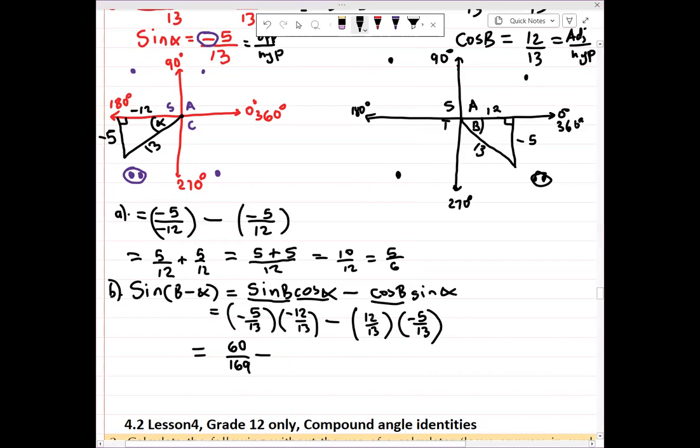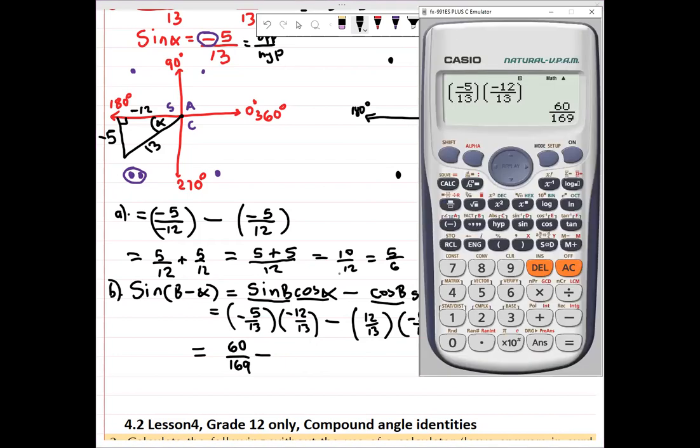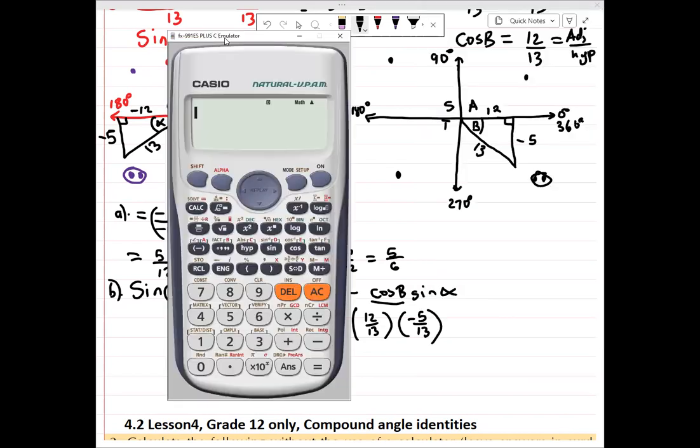Then we need to minus by this part. Okay, let's minus and see. So this part is what? We have open bracket 12 over 13, then a closed bracket, and then we have negative 5 over 13.